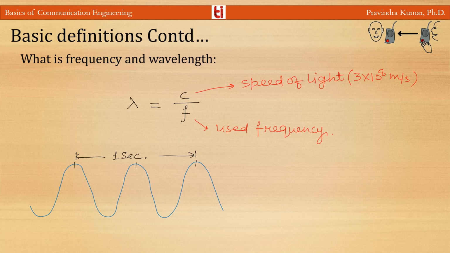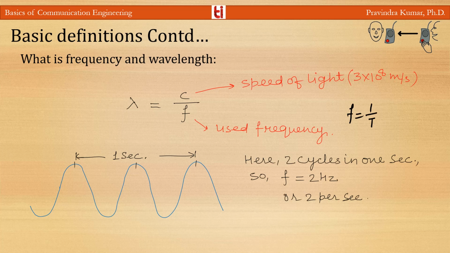So here the relation between frequency and period of the signal is basically 1 by T, meaning frequency is 1 by time period. Here you can see in 1 second two cycles are completed, first cycle and second cycle.